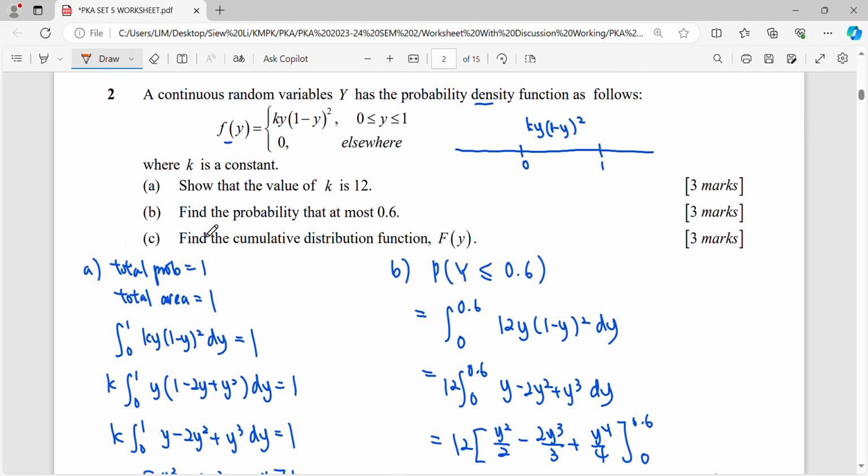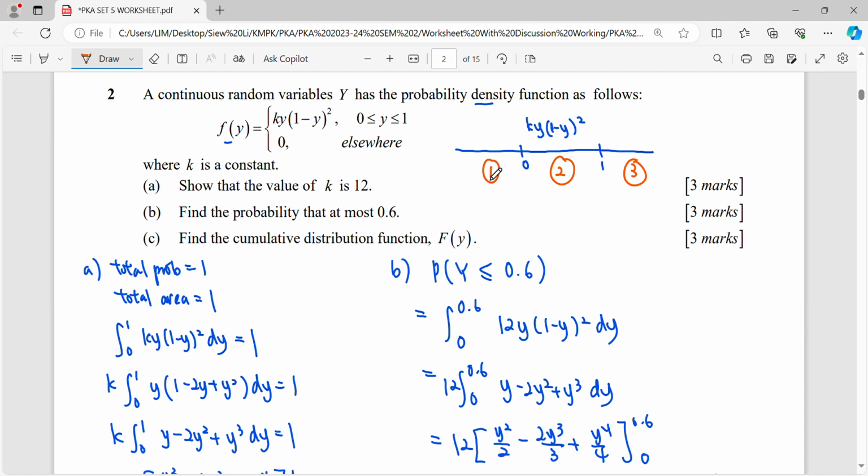Then for question C, we need to find the cumulative distribution function, F of y, for y. To find the cumulative distribution function, we need the interval before the graph, then the interval involving the graph, and then the third step will be the interval after the graph.